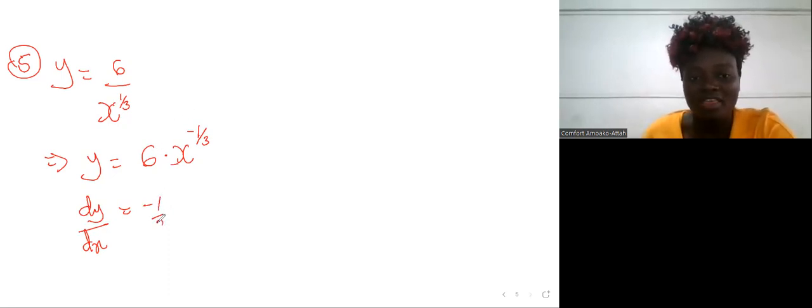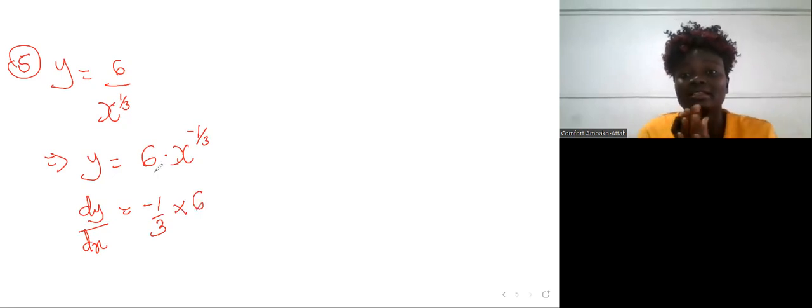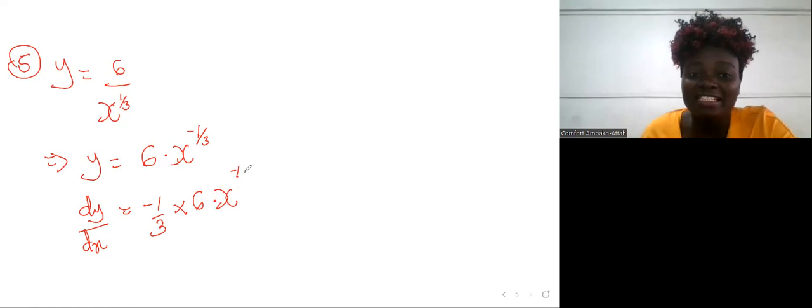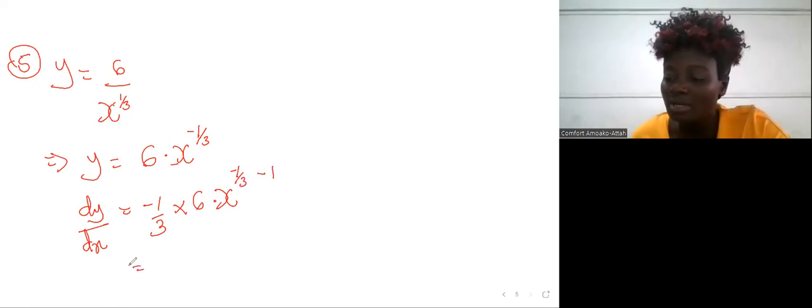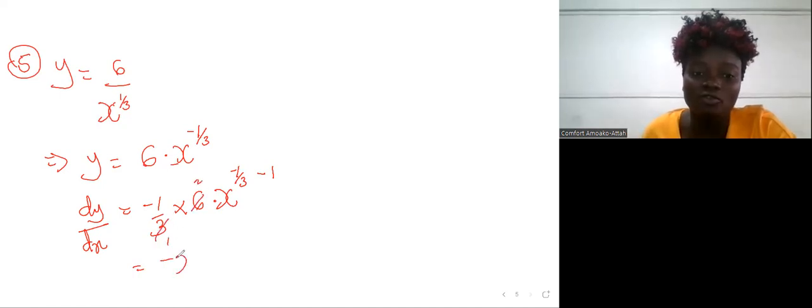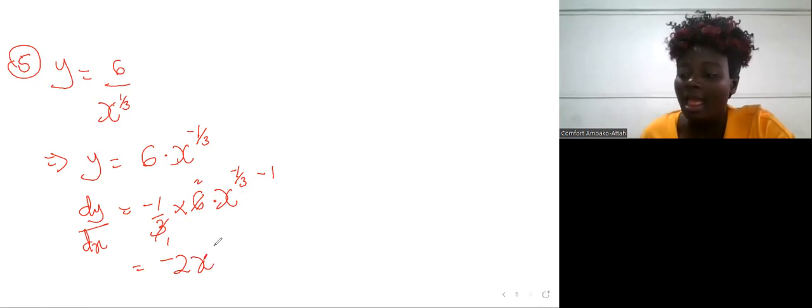So negative 1 over 3 times 6x. Coefficient means the number attached to it. Okay? x exponent negative 1 over 3 minus 1. So simplifying this, what are you going to get? 3 into 6 is 2, so 2 times negative, giving negative 2x exponent negative 4 over 3.